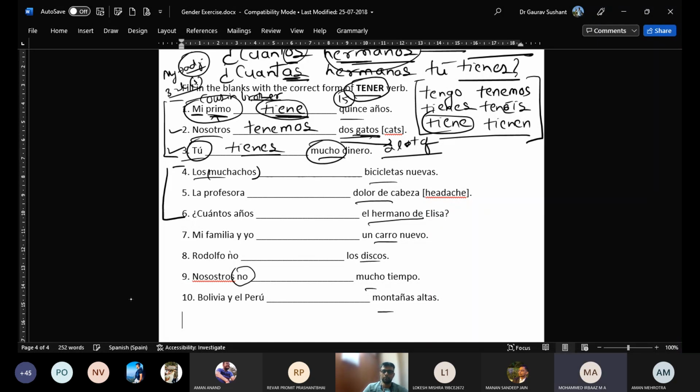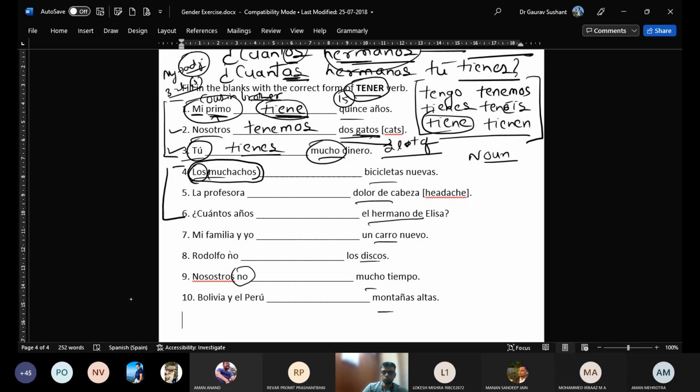Now, first here, do you think what it is? Is it a noun or a pronoun? First of all, let us decide that. A noun. A noun, very good, because we are using article here also, los. So we use articles only with the noun, no?